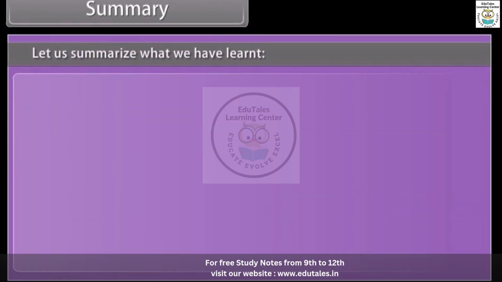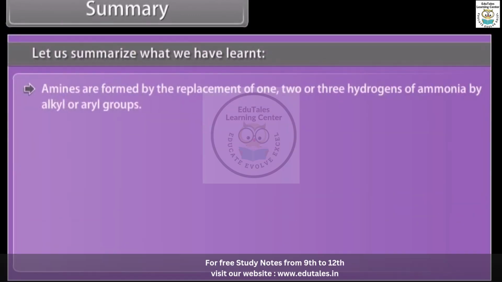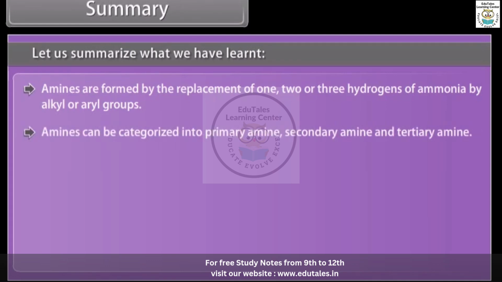Summary. Let us summarize what we have learned. Amines are formed by the replacement of one, two or three hydrogens of ammonia by alkyl or aryl groups. Amines can be categorized into primary amines, secondary amines and tertiary amines. In common name system, alkyl amines are named as alkylamines.